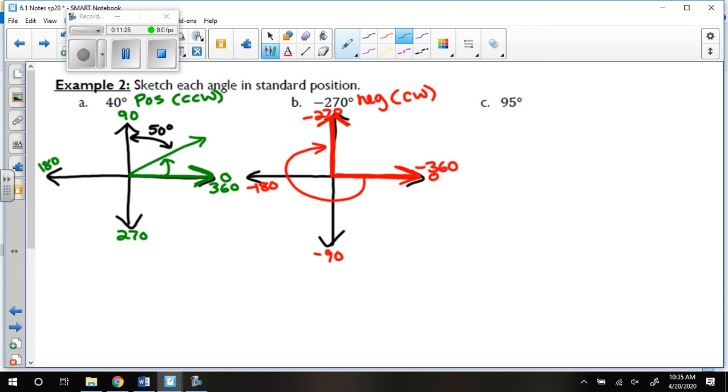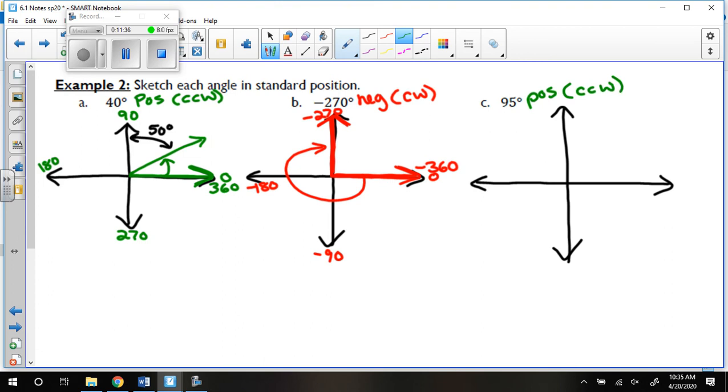And next we have 95 degrees, which is positive. So we're going to go counterclockwise. Here's 0, 90, 180, 270, and 360. Positive x-axis for the initial side, always. And then we only have to go 5 degrees past our 90 degree mark.